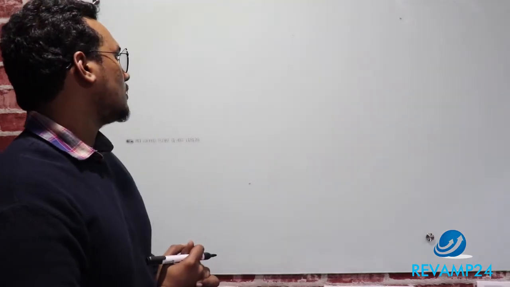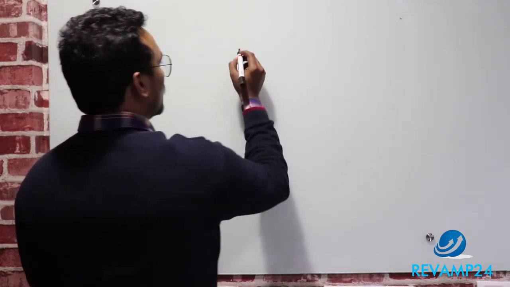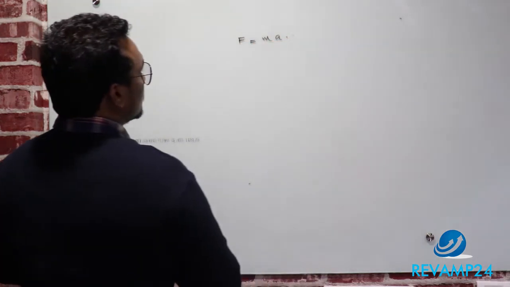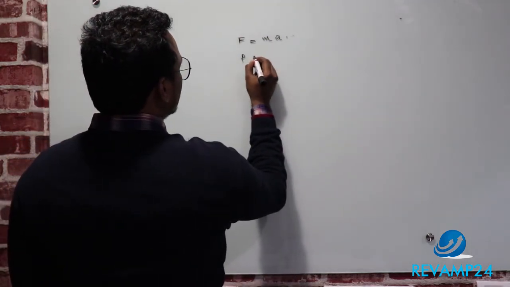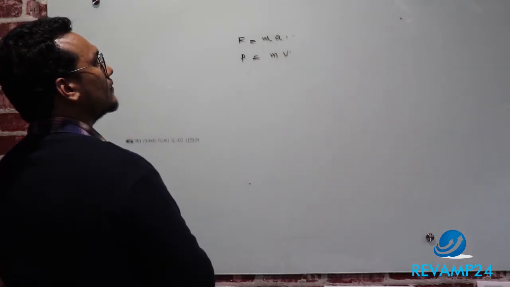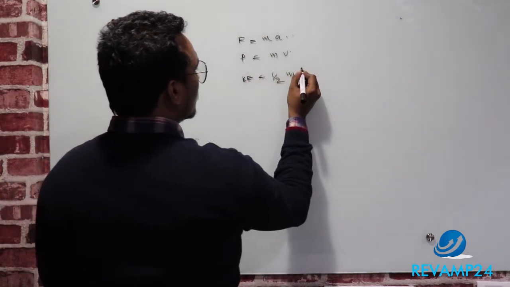We have learned many equations to find moment of inertia. Now where will we be applying the moment of inertia? Wherever you are using the concept of mass in linear motion, that is, translational motion, for example F is equal to ma, and P is equal to mv, and kinetic energy is half mv square.